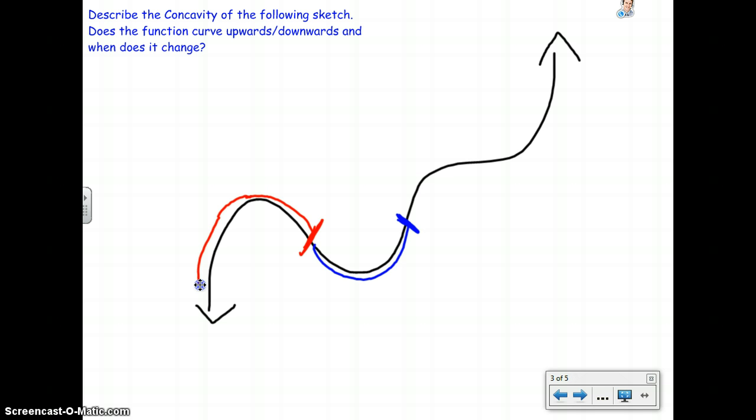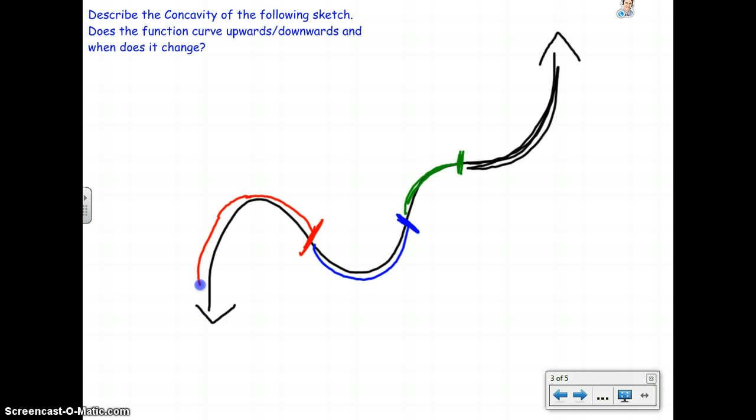Then our curve is opening downwards, and then there's another switch right here, and then the curve winds up curving upward. And I'll just use black for this last piece here. So we actually have 1, 2, 3, 4 changes in concavity. So we actually do change our concavity 4 times.